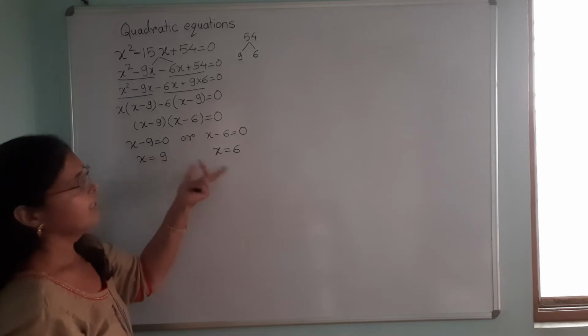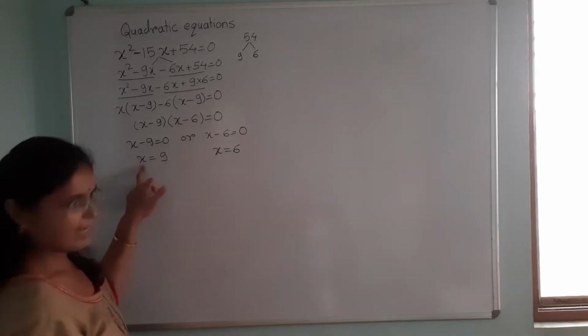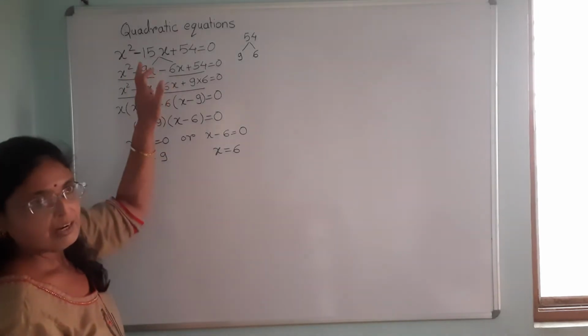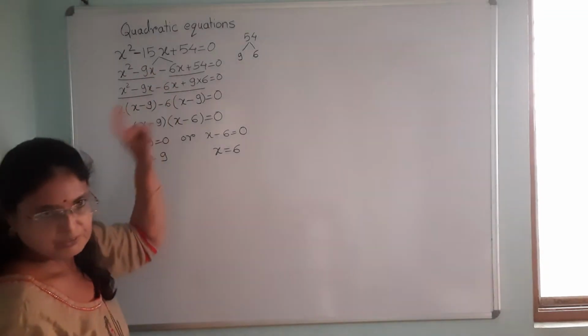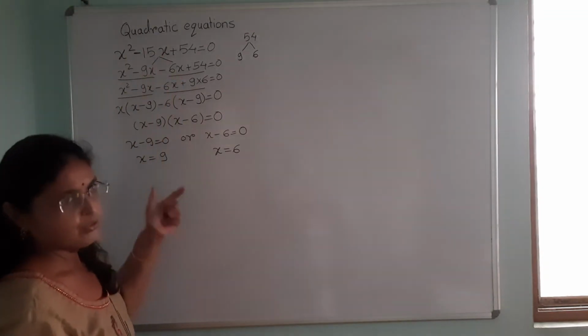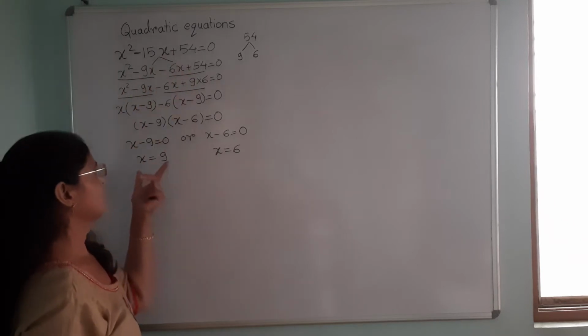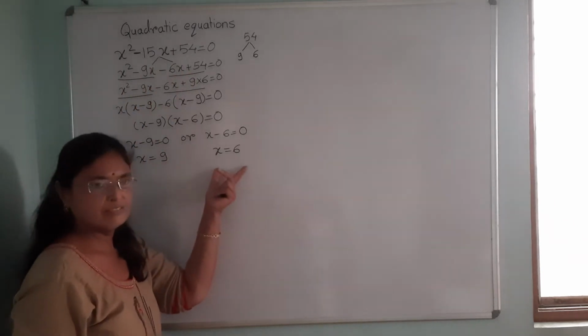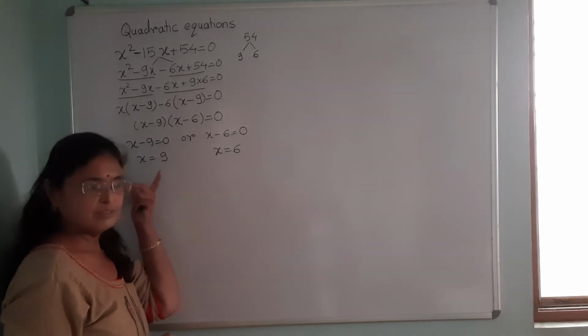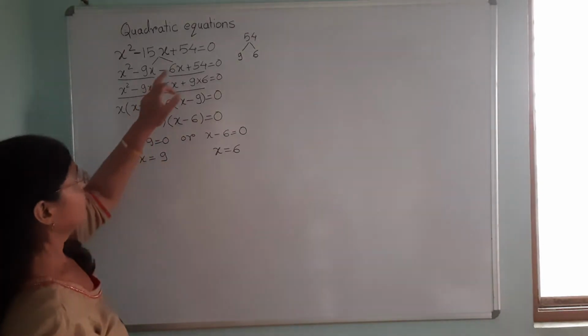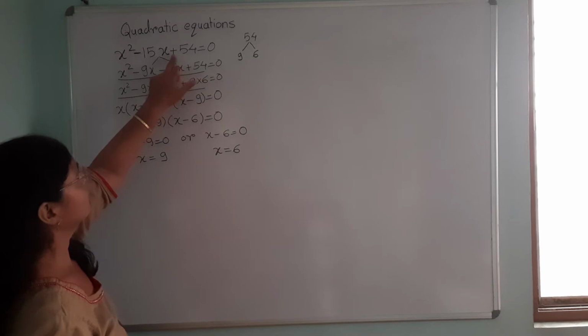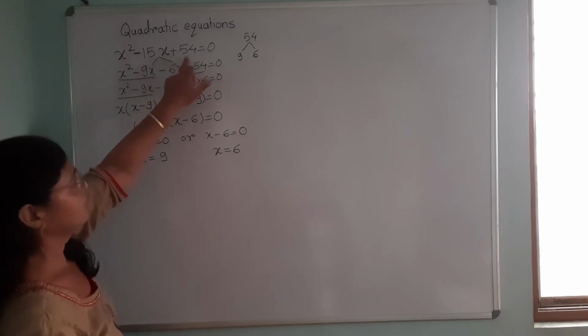These two values of the variable x are satisfying the equation. So the answer of this quadratic equation is x equal to 6 and x equal to 9. In this equation we had a positive third term.